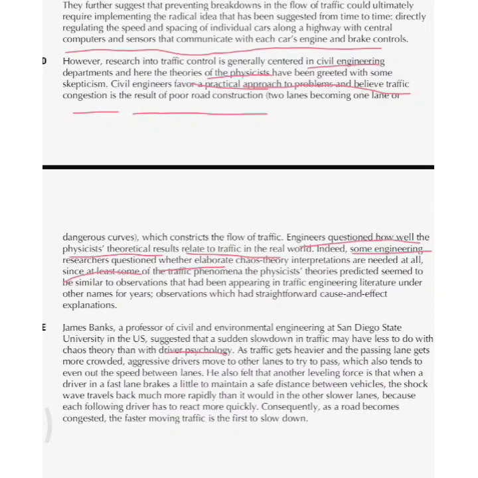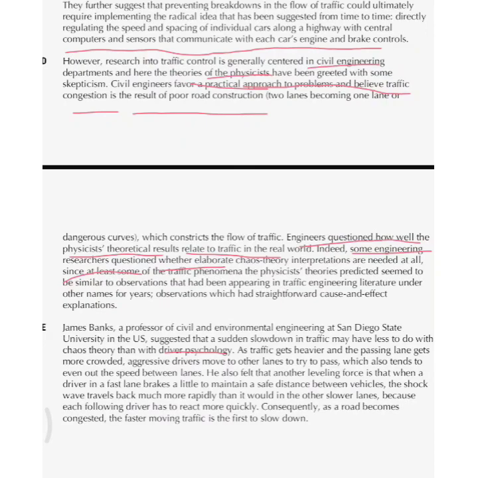Obviously, in the fast lane it will be very quick, but in the slower lane it will be minimal, and it will also not go back as far, because each following driver has to react more quickly. Consequently, as a road becomes congested, the faster moving traffic is the first to slow down.